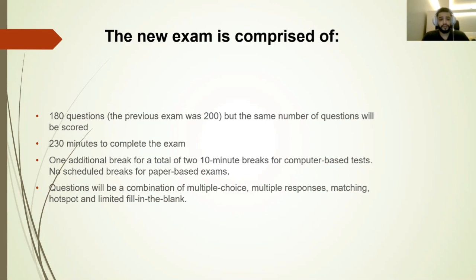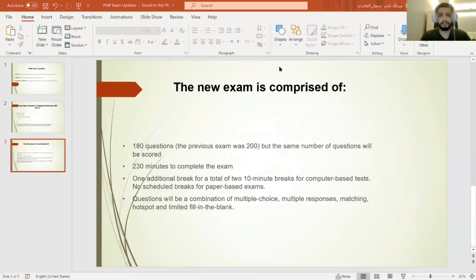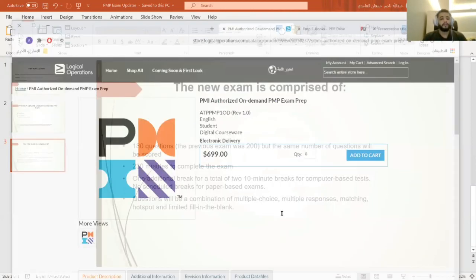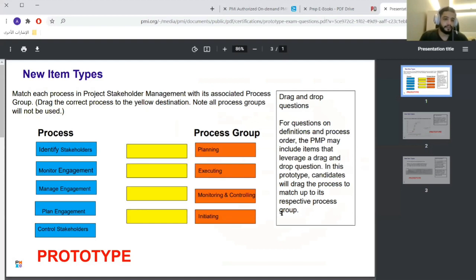Questions will be a combination of multiple choice, multiple response, matching, hotspot, and limited fill in the blank. We can see here an example of a question in the exam. Here's the example for matching: the process, and here's the process group.